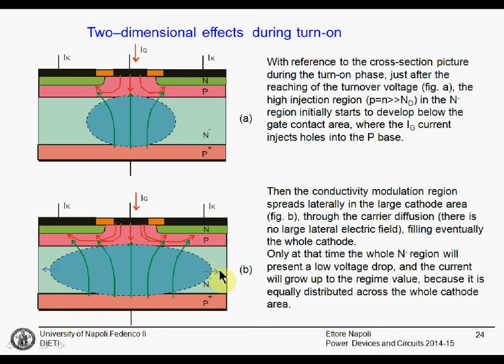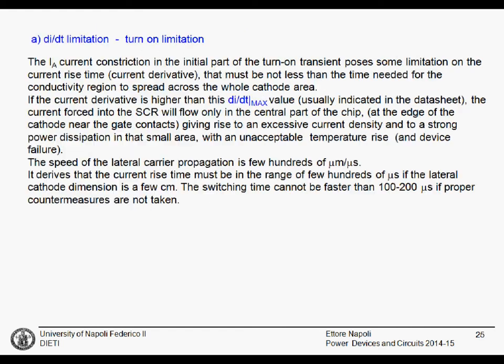Only when the entire wafer is full with the carriers are we in the actual real on state. This is a problem for the turn-on transient. The limitation is on the derivative of the anode current during turn-on.